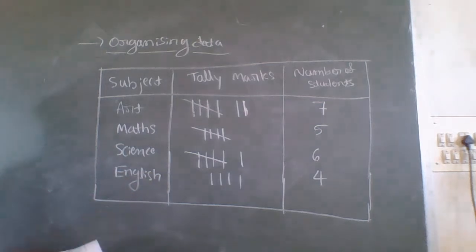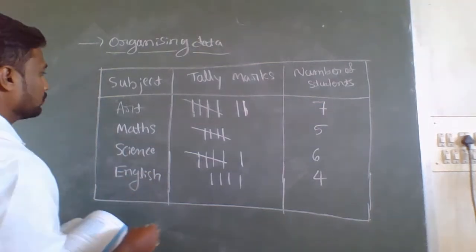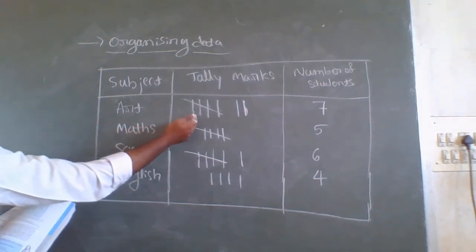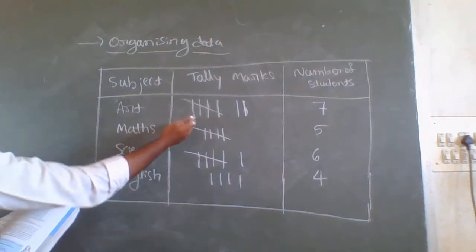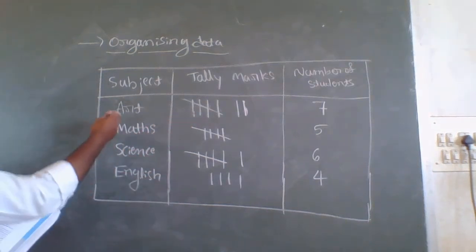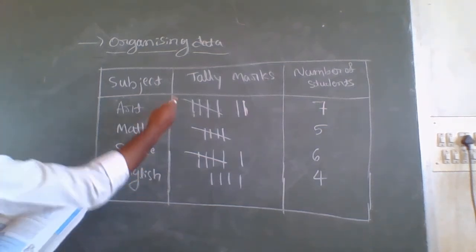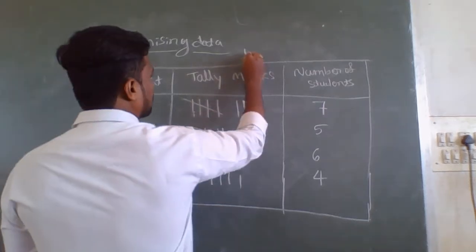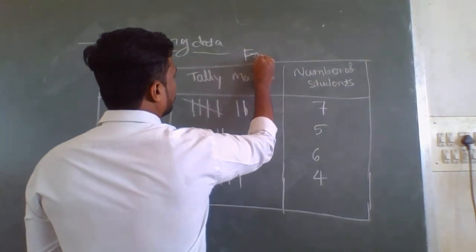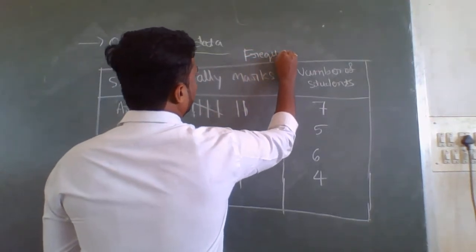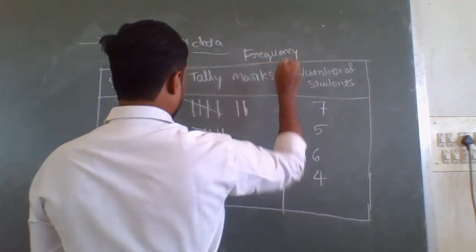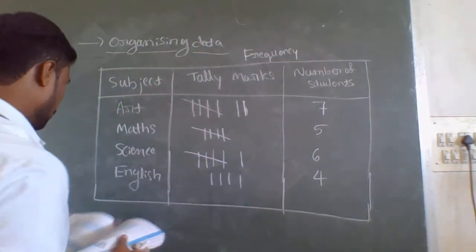What information is this giving? The number of students liking that particular subject. This is known as the frequency of that subject.